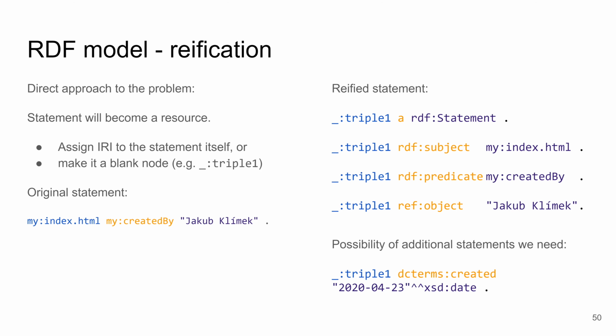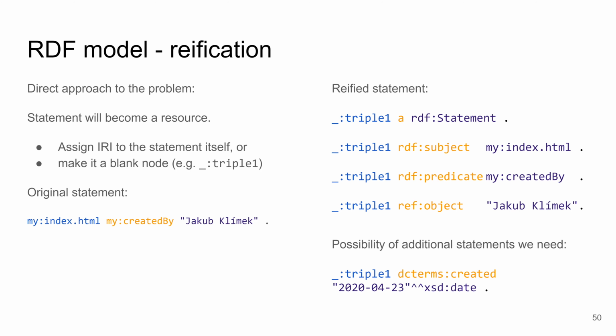So when we have the original triple, the page was created by Jakub Klimek. Now we'll have the reified statement where we assign an IRI or a blank node ID in this case to this triple, and we'll say this triple is an RDF statement. This triple has a subject, which is the page. The triple has a predicate, which is created by, and the triple has an object, which is Jakub Klimek.